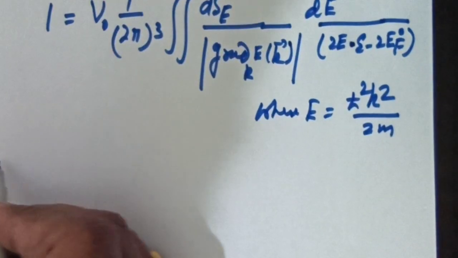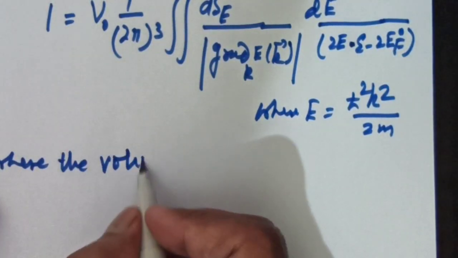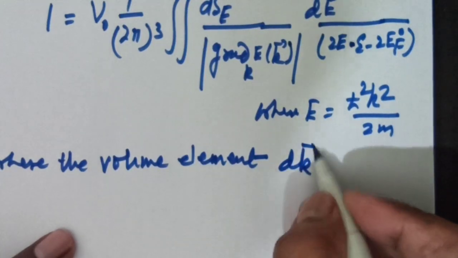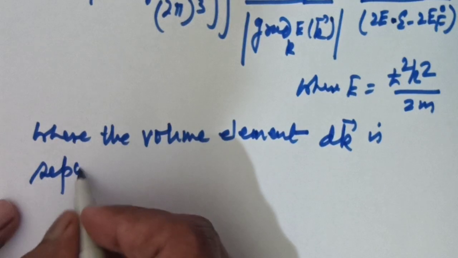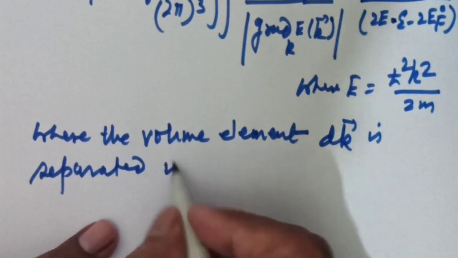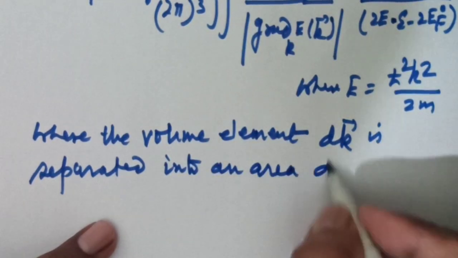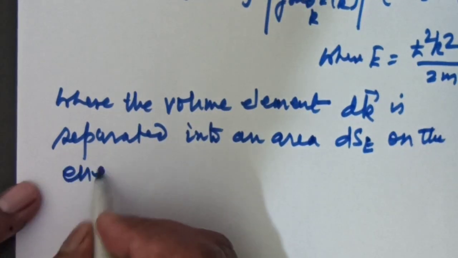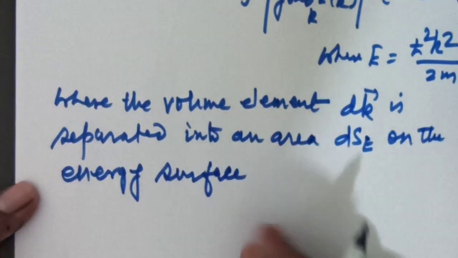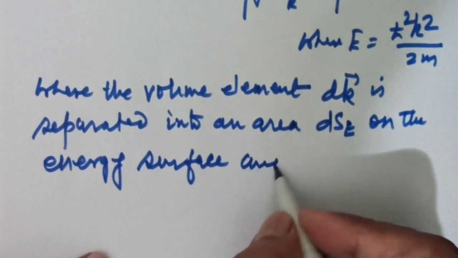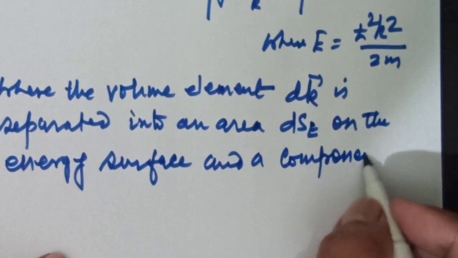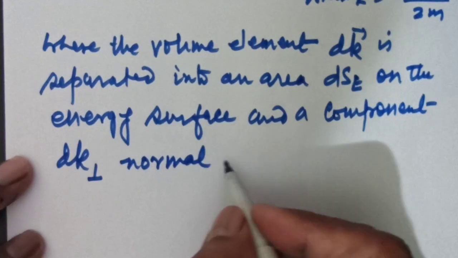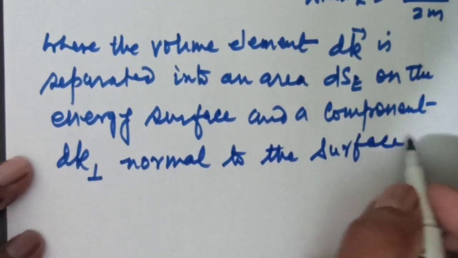Now, the volume element dk is separated into an area dSE on the energy surface, and a component dk perpendicular, normal to the surface.